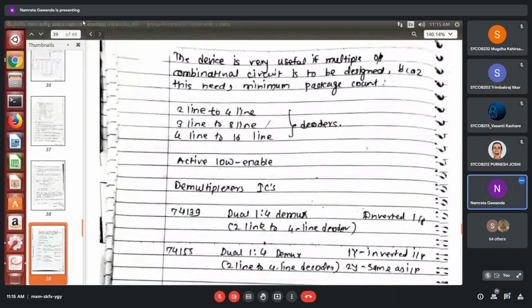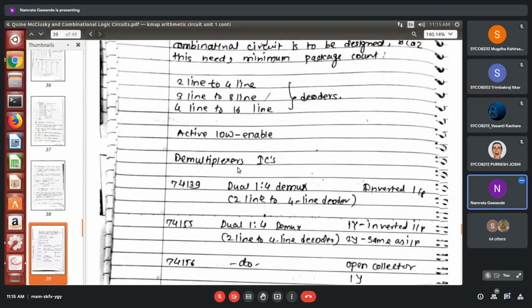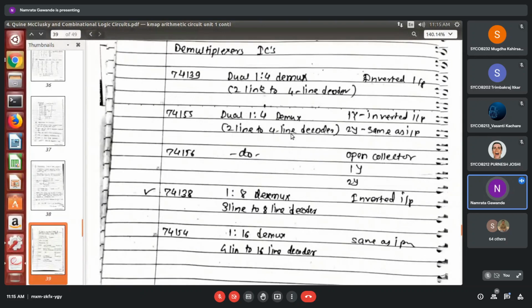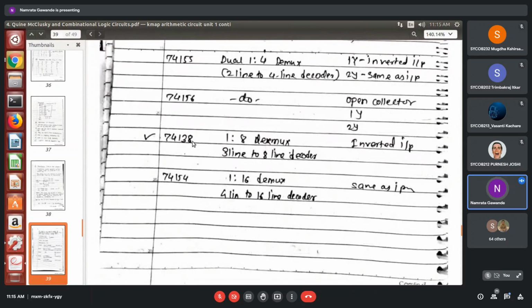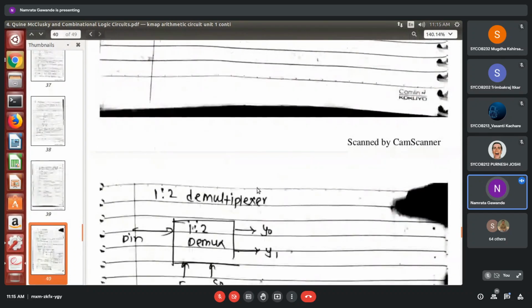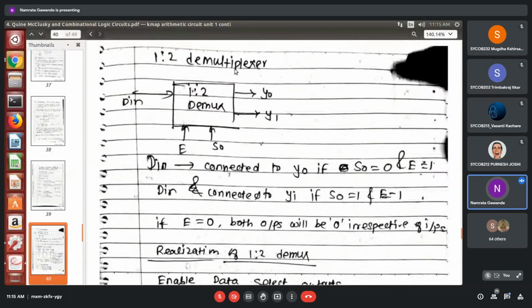Now see over here, these demultiplexer ICs are given: dual 1:4 demux. See, IC 74138, this is 1:8 demux. Why is it known as 3-line to 8-line decoder? That I will tell you later, once we see the example of that.